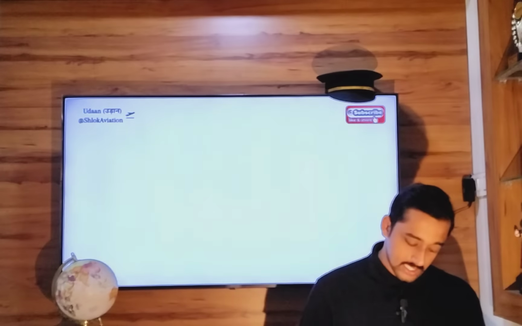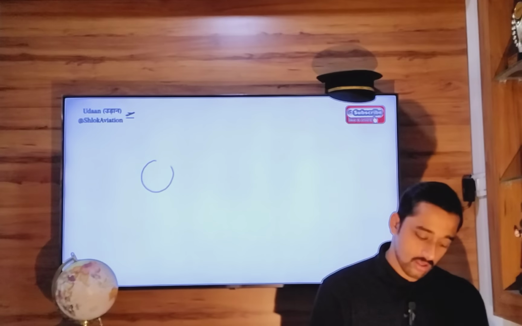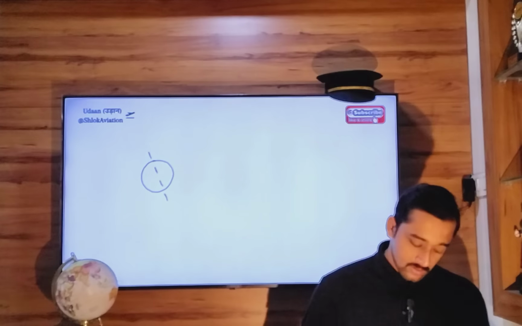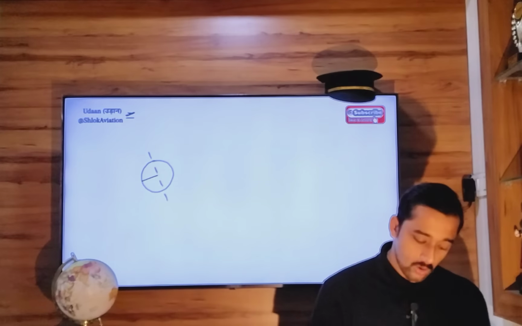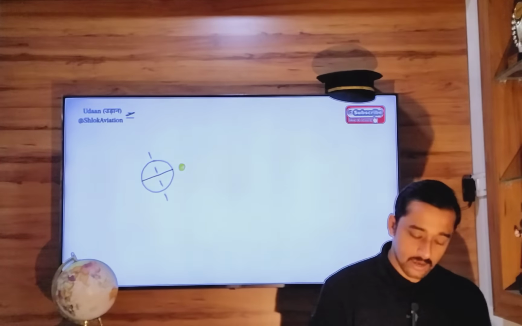Now these two are the seasons when the sun is directly over the equator. Directly over the equator.